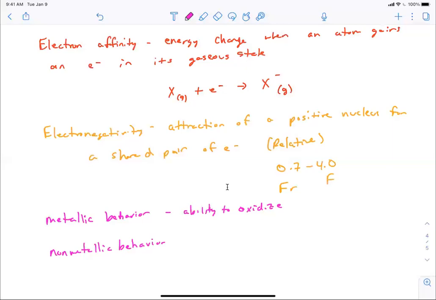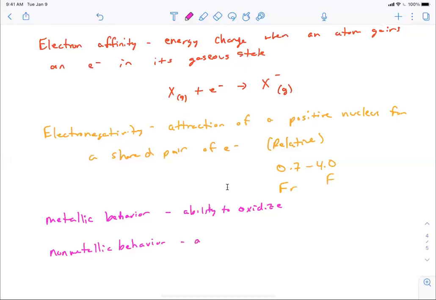So you ask yourself, which of these metals is the easiest to lose an electron from? When you answer that question, you'll know which one has the most metallic behavior, because it's the easiest one to lose electrons and act as a metal.